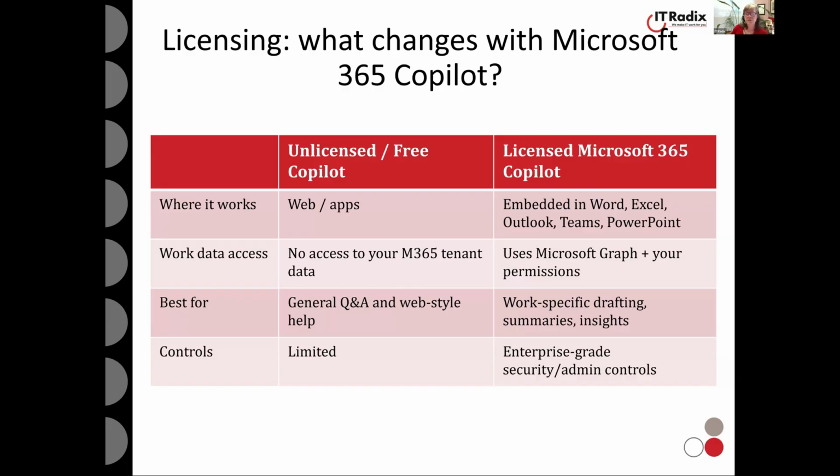It is going to use your permissions. So when it's crafting the responses, it's only going to respond with things that you can see and not someone else within your organization. It's great for doing work-specific things and also has a lot more enterprise controls around it.